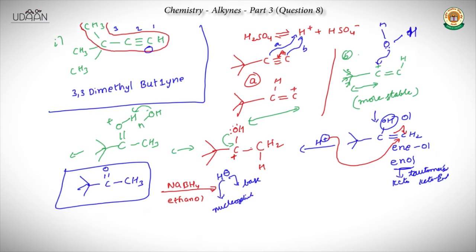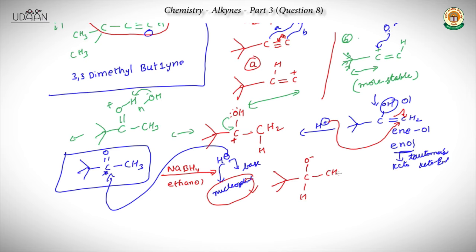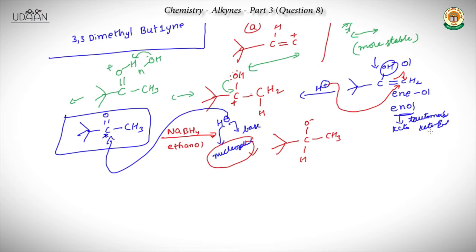So here there is an acidic hydrogen, this one, but it's not acidic enough for H minus to abstract it. But it's a very good electrophilic site, so it will act as a nucleophile, and you will get CO minus, H here, and CH3. So a nucleophilic addition is taking place. You'll get to know this in your carbonyl compounds, don't worry.